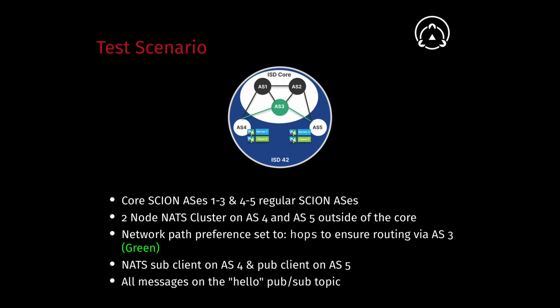So basically, I've got some traffic that's traversing over the SCION network, and we've also set a path preference, so that AS4 and 5 are utilizing AS3, so that we can simulate an AS failure and see how SCION handles that.